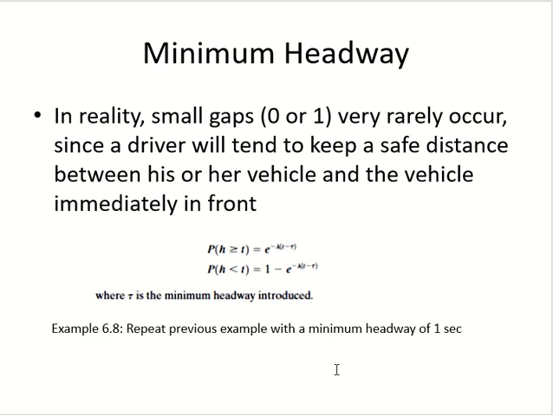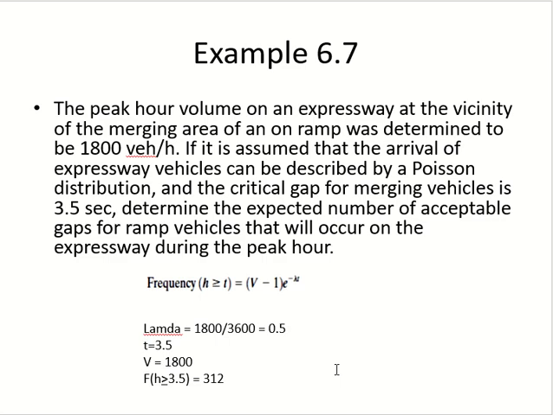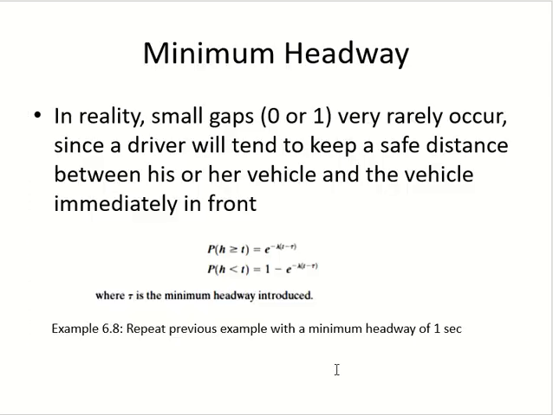Clear? Okay. So if you do this, how many gaps will you have in the previous example? It was 799 into this thing, right? So how many gaps will you have if you put lambda into t minus tau? Let's say tau is 1 second.